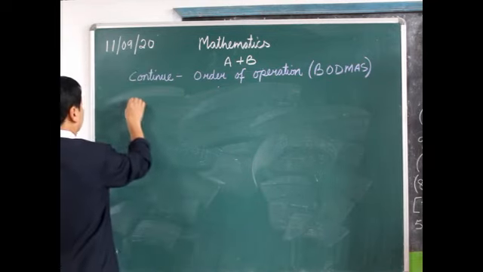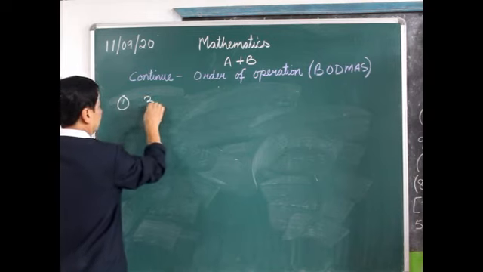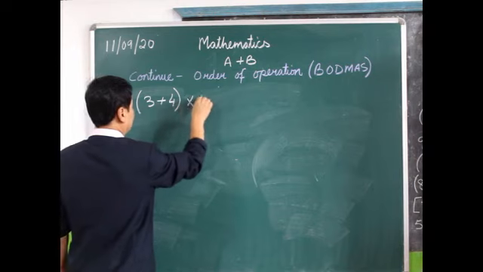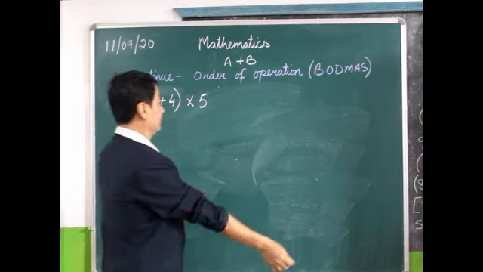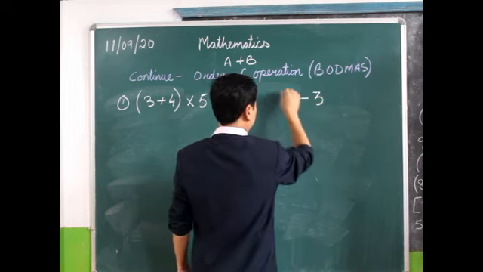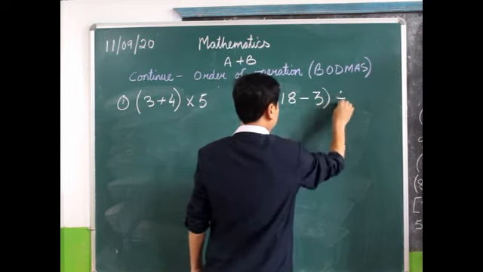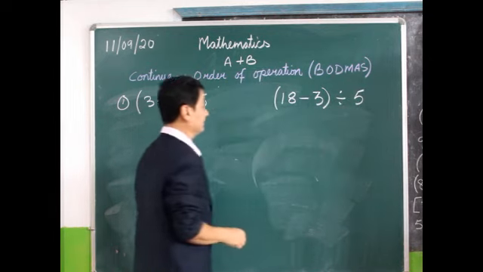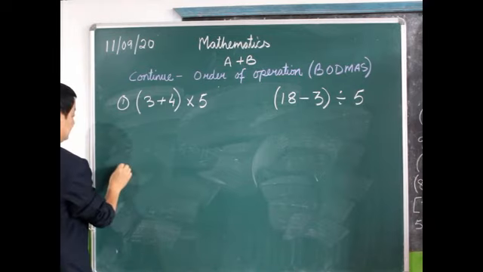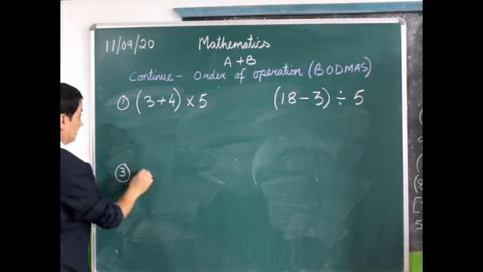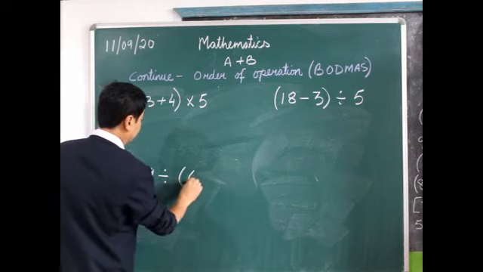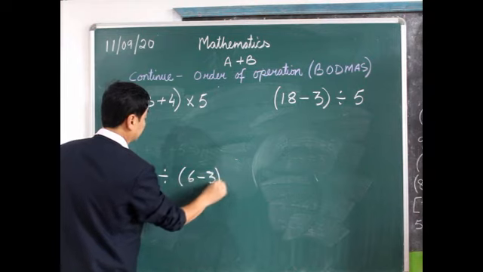So ready? Number 1, 3 plus 4 bracket multiplied by 5. Number 2, 18 minus 3 bracket divided by 5. Okay? You just see one type of bracket. Next, 9 divided by 6 minus 3 bracket.